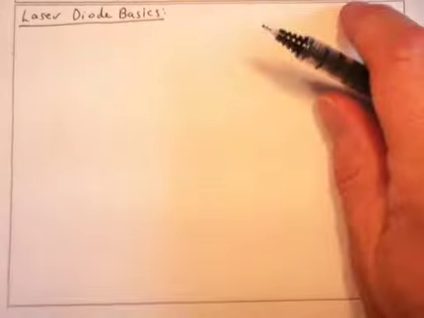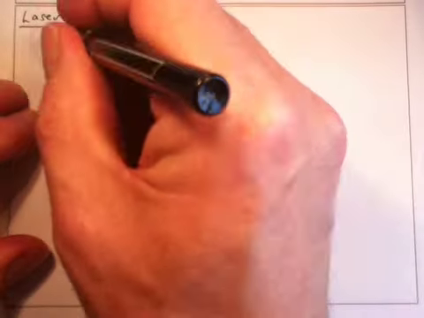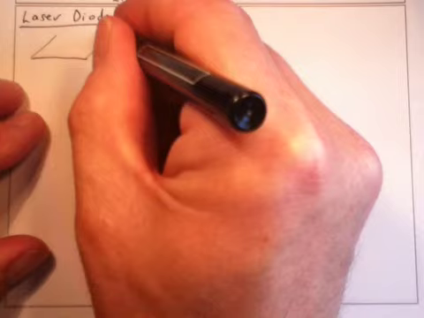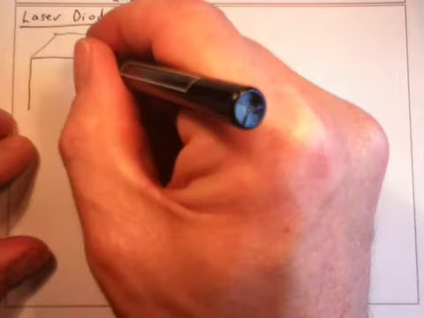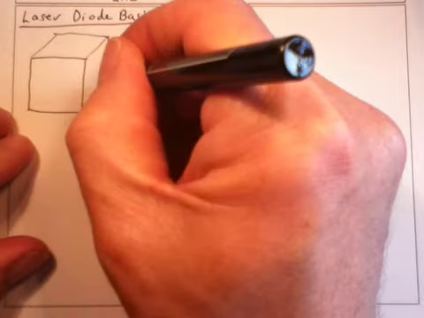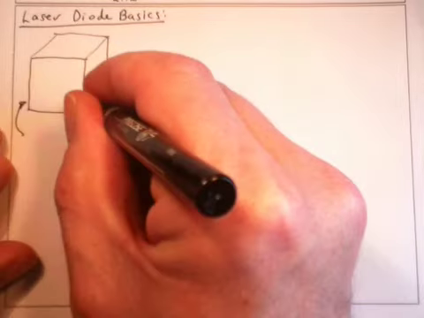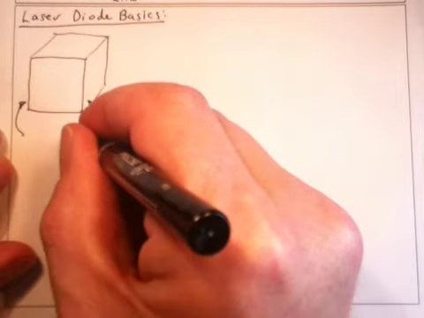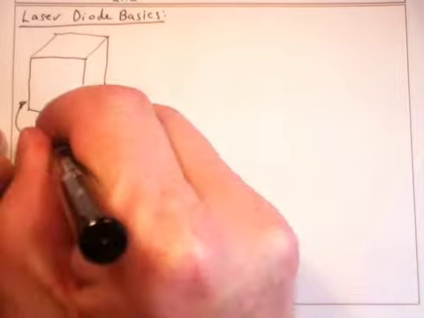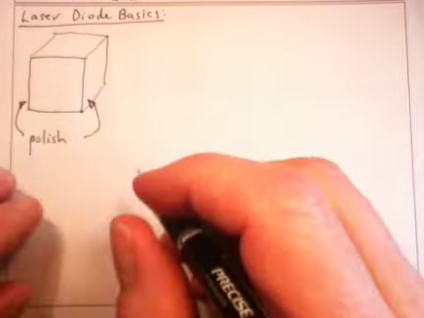How do we do this in a real semiconductor device? Well, what we do is we take a chunk of semiconductor, and at the very basic, we polish the end faces and make them into mirrors.